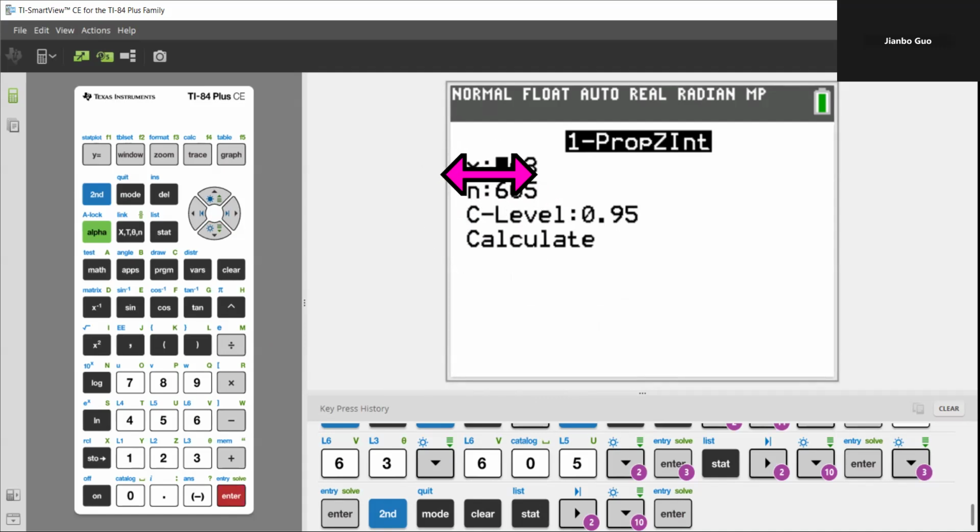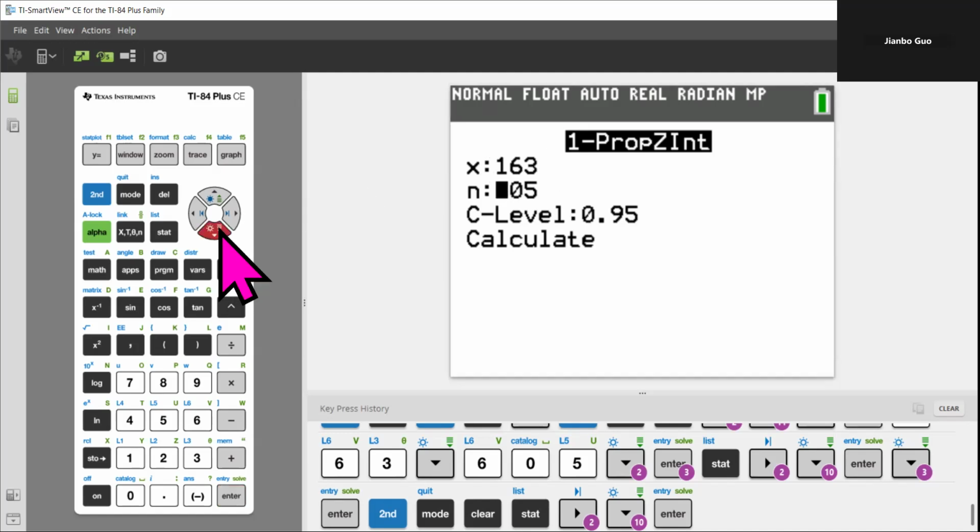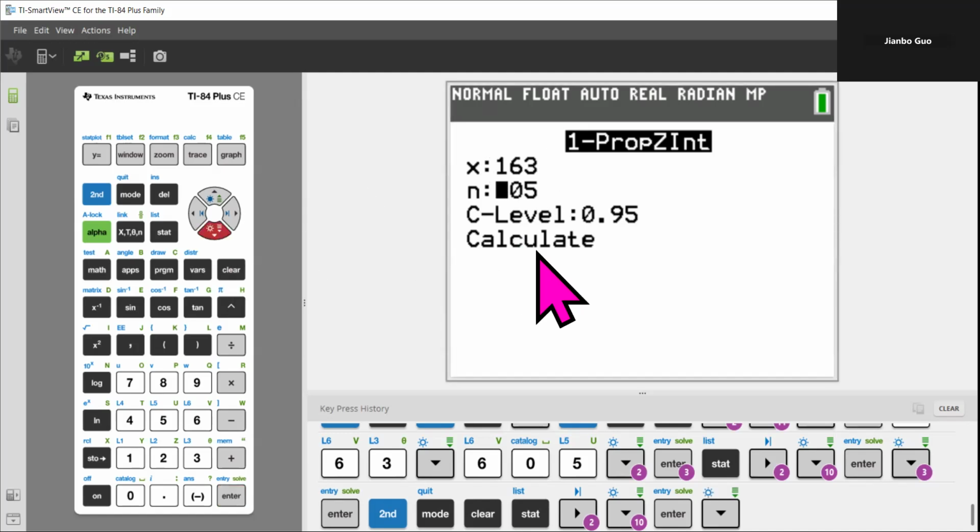X, remember, is the number of successes. Getting the yellow pea is considered a success in this problem. So the number of successes is 163, as given by the problem. The sample size is 605. Add the two types of peas together, that's the sample size. C level, the confidence level, is 0.95.